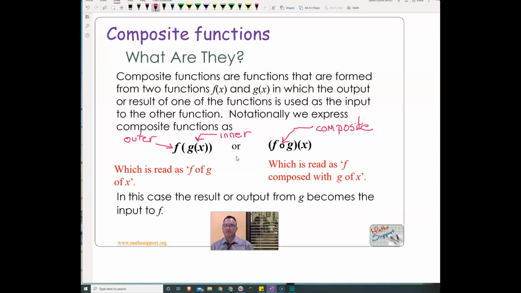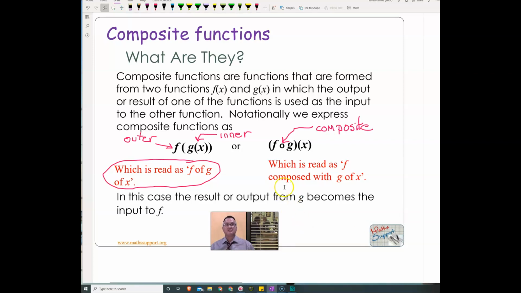But typically I read it just like the one over here, f of g of x. I read them both like this. So the important thing to remember is whatever the inner function is, the output from the inner function becomes the input for the outer function.